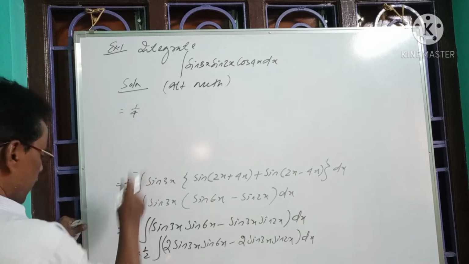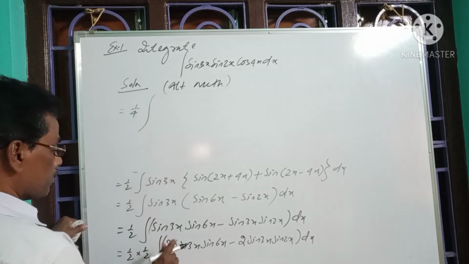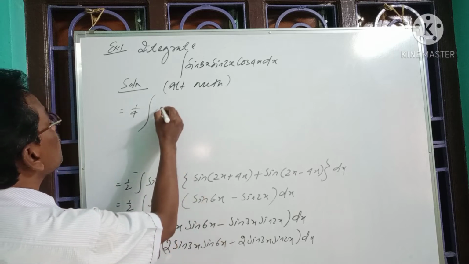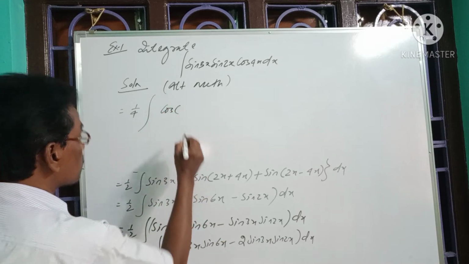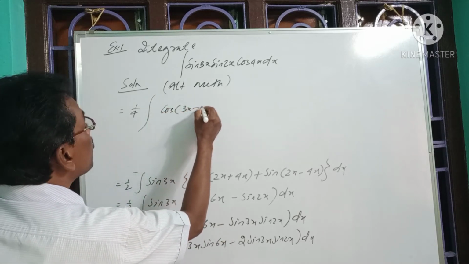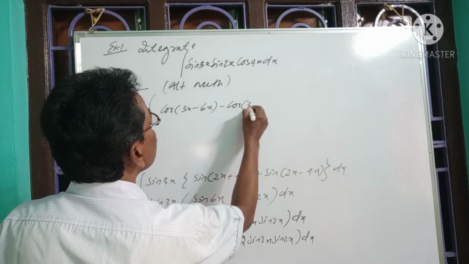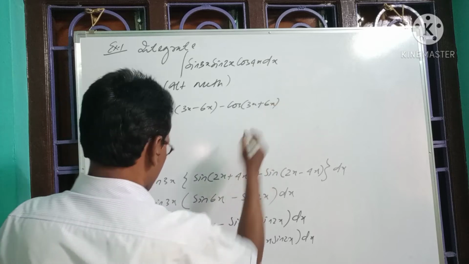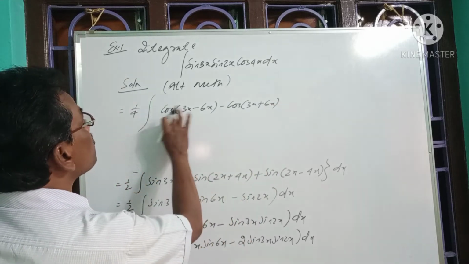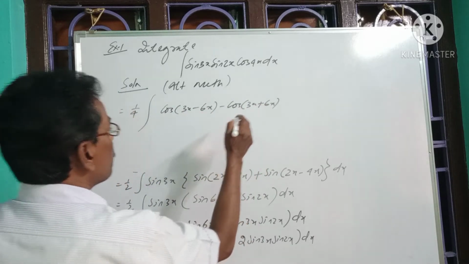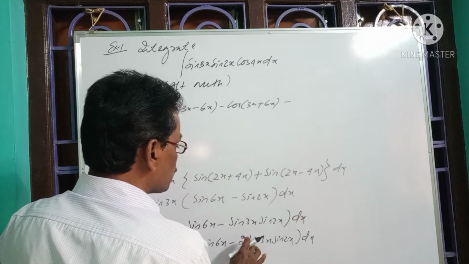That is equal to 1 by 4, half into half, into integration of 2 sin a into sin b, that is cos of a minus b, that is cos of 3x, cos of a minus b minus cos of a plus b. Minus, again this is 2 sin a into sin b.